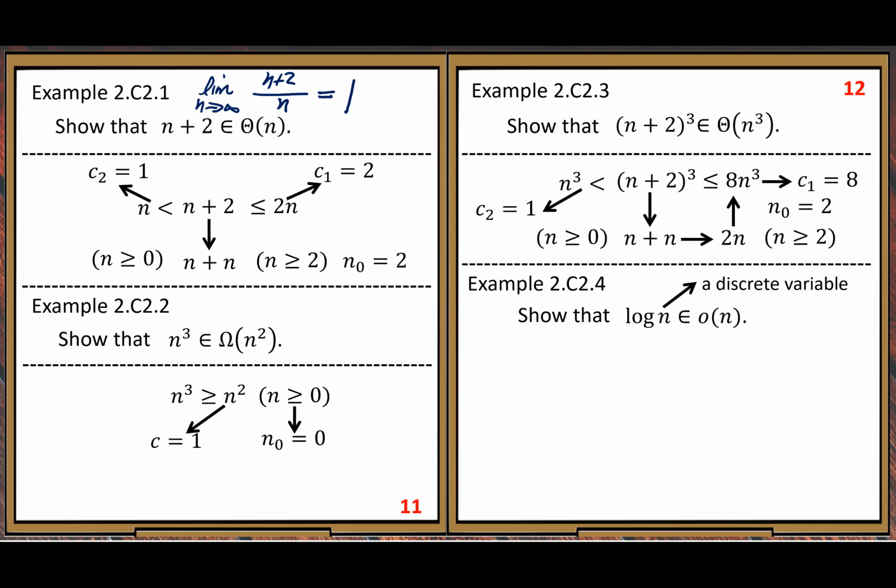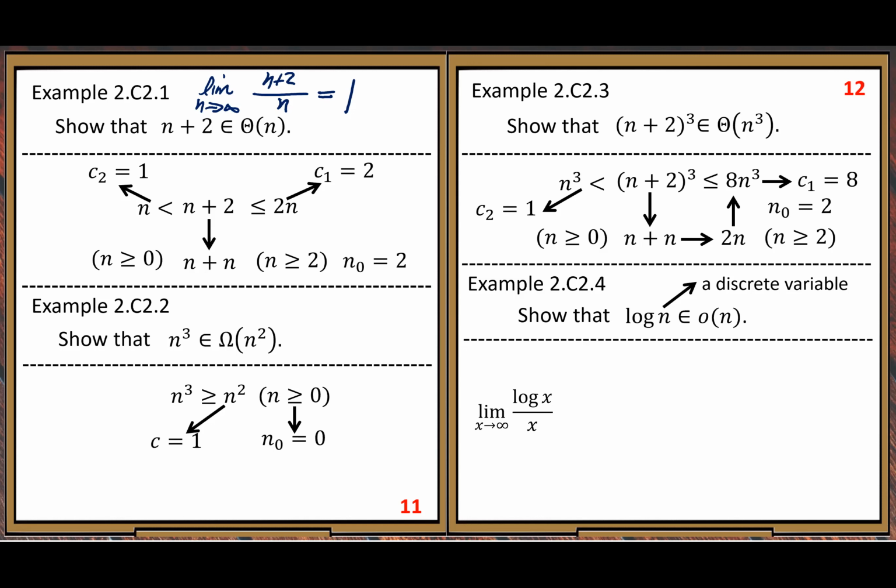The reason why we need to consider discrete and continuous variables is that there is a big method called L'Hopital's rule, using derivatives to do the limit calculation. But if you want to calculate the derivatives, you have to use the continuous variable.